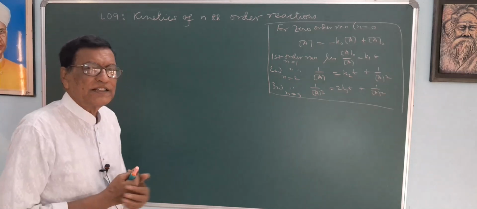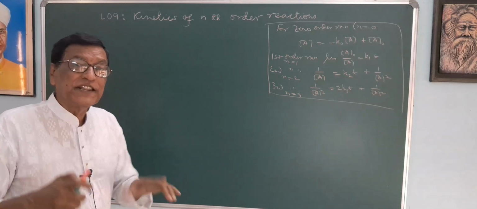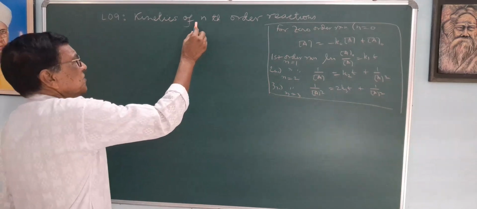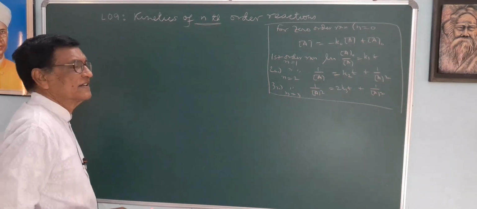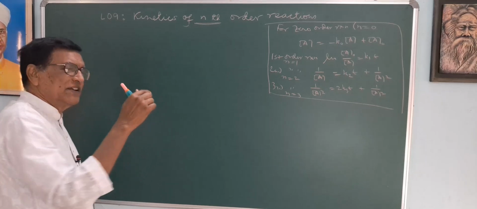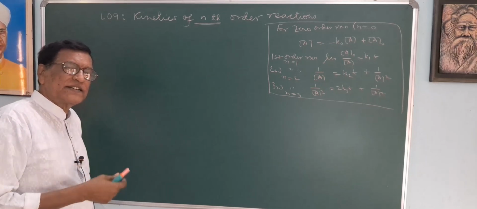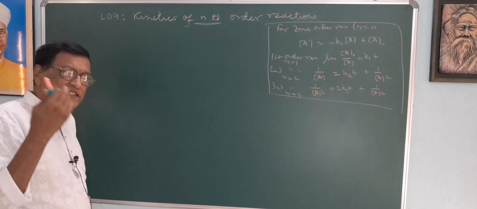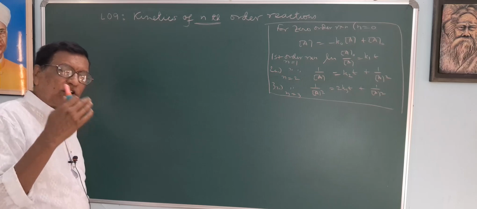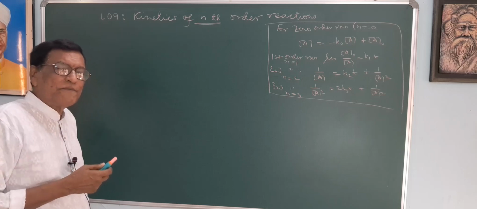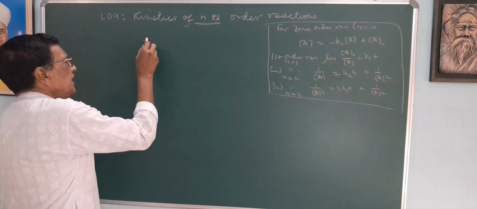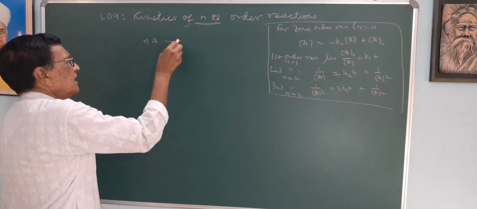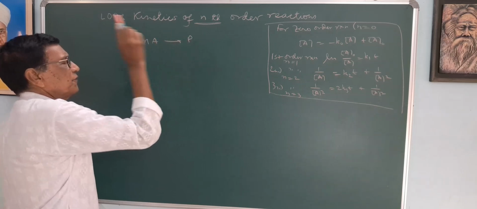Now, better we find the integrated rate equation for nth order reactions. Taking all the initial concentrations of the reactants equal, we have nA giving the product.